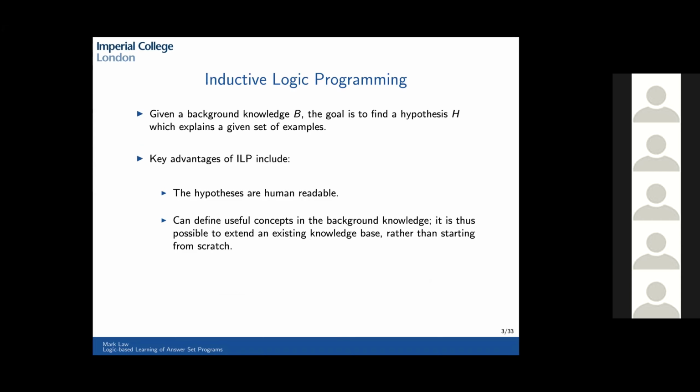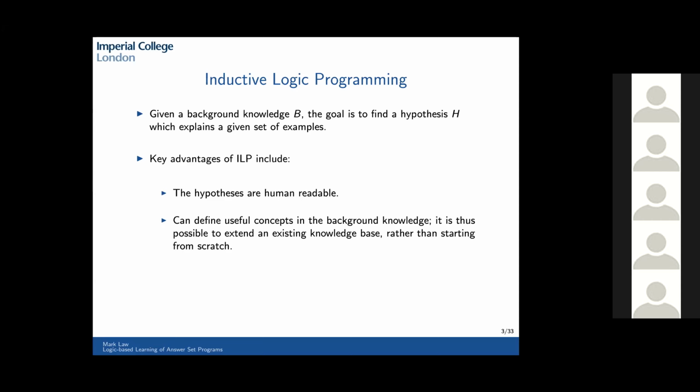What I work on is called inductive logic programming. So the goal is that we're trying to learn a set of logical rules called a hypothesis, such that when it's combined with an existing background knowledge base, it explains a set of examples that we've been given. So the key advantages to ILP compared to other forms of machine learning, firstly, the hypotheses are all human readable because they're expressed in logic.